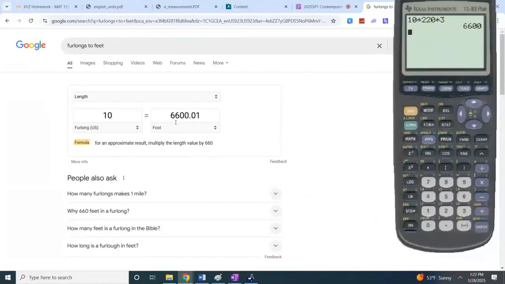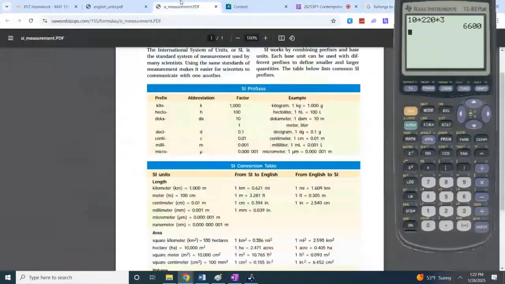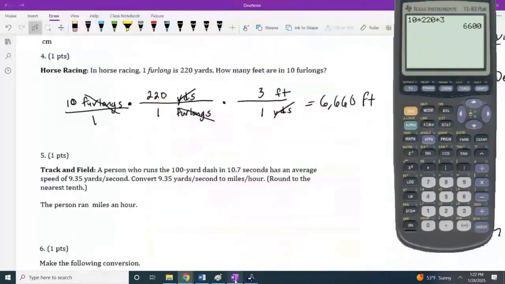Notice when I put this in Google, I got 6,600.01. But when we worked it out by hand, using the measurement that they gave us, we got 6,600 feet even. So take that with a grain of salt, because Google was probably not using this formula for furlongs. It might be slightly different.